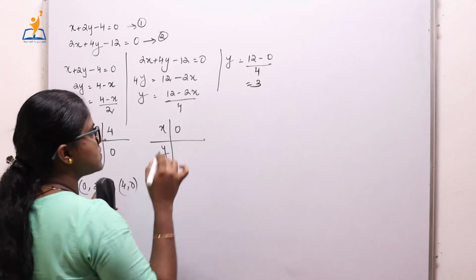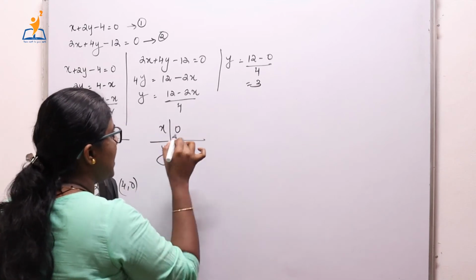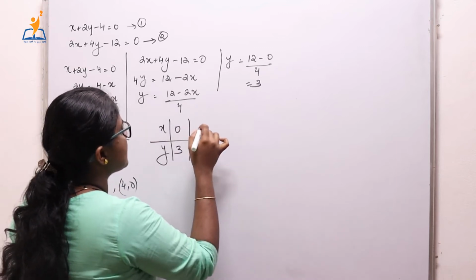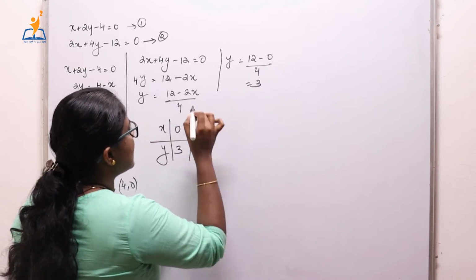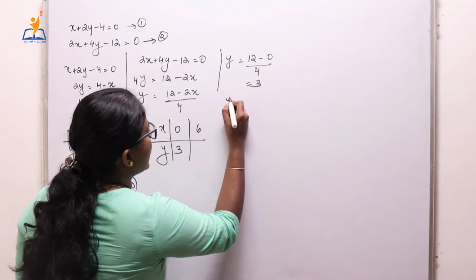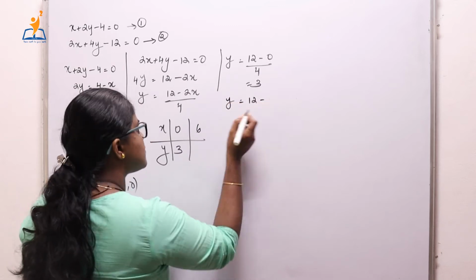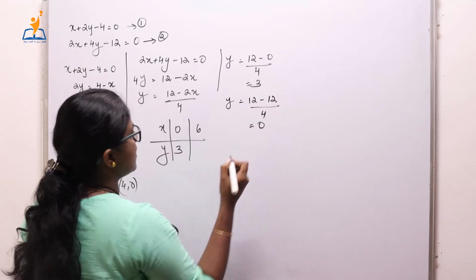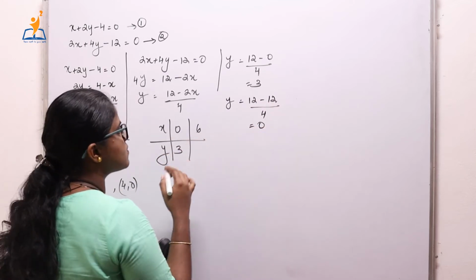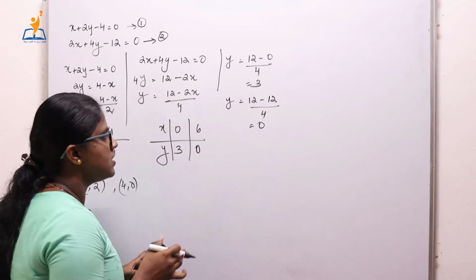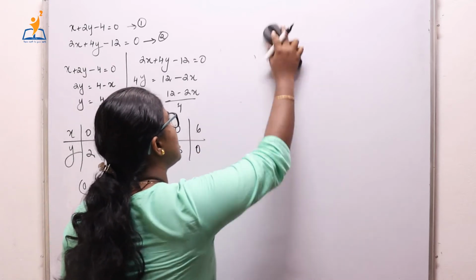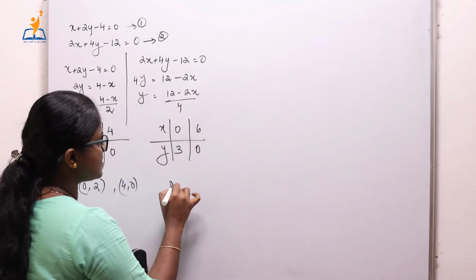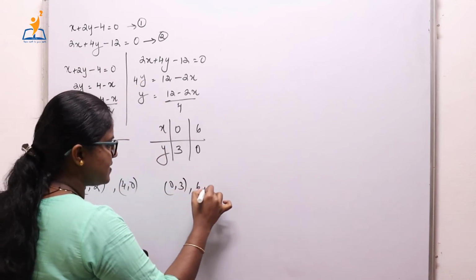So corresponding to 0 we have y value 3, and now we will put x equal to 6. Then y becomes (12 minus 2 into 6, which is 12) divided by 4, that is 0. So corresponding to x equal to 6, we have y equal to 0. So here also we got 2 points on the line, and the points are (0, 3) and (6, 0).